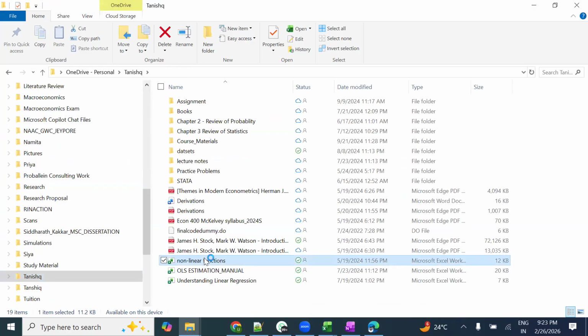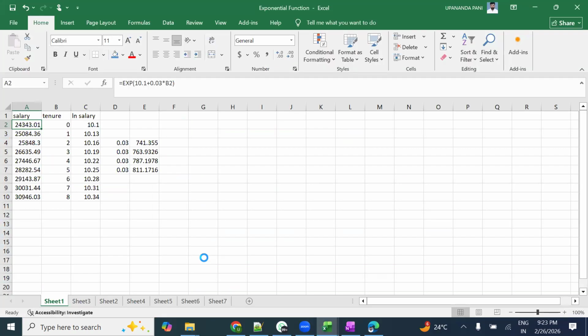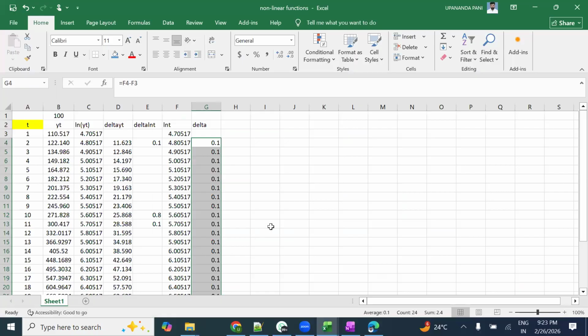Non-linear function. Can you see, ma'am, here? Yes, sir. So after I convert, you just see here the data.